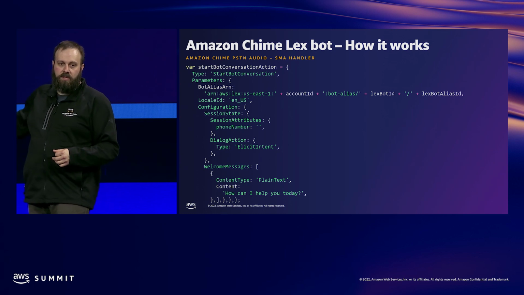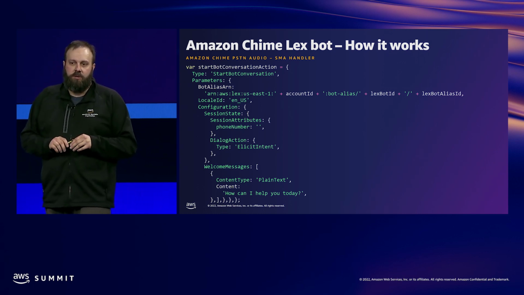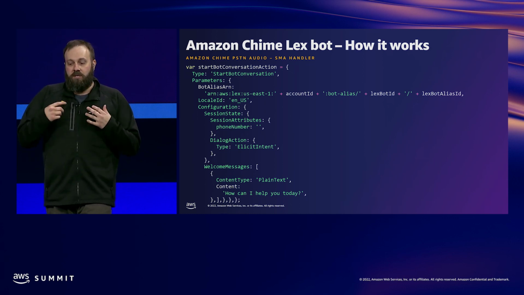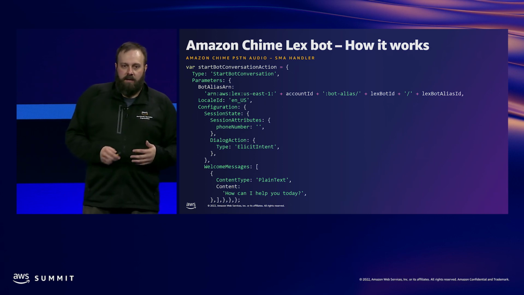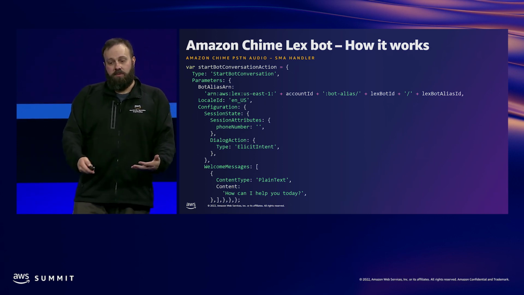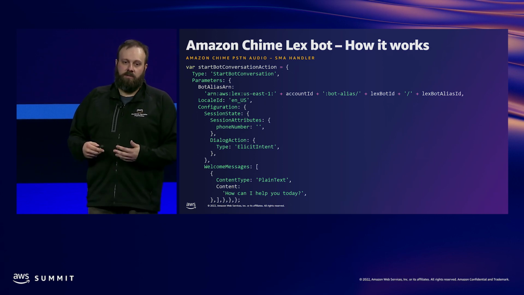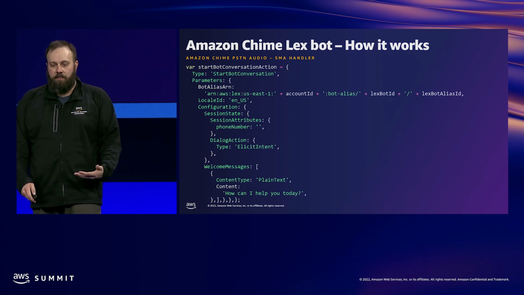So this is some more code, and I want to get into this, but a lot of this is just to show you just how easy it is to start a conversation bot. So this is my alias. I have an ARN that is associated with that. And after that, I'm really just asking it, what do I want to do? I want to say, how can I help you today? So when I make this call in, the LexBot answers, it says, how can I help you?